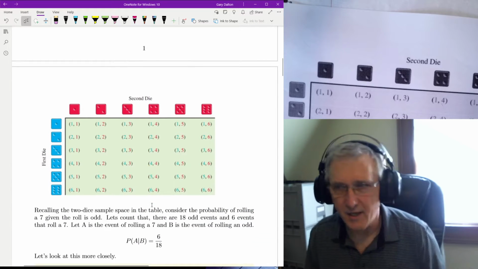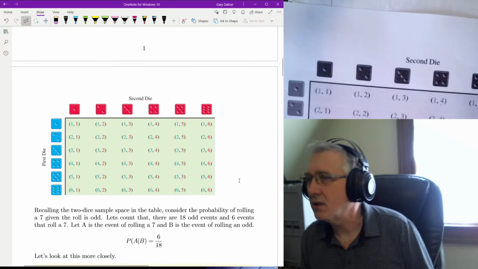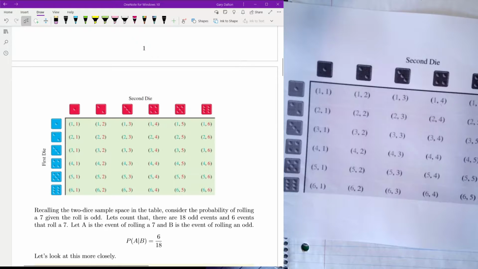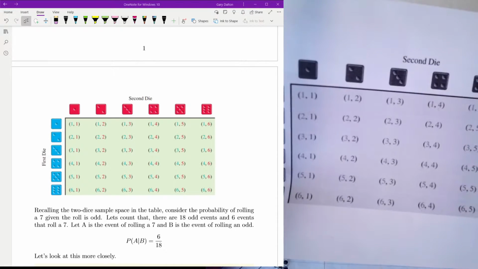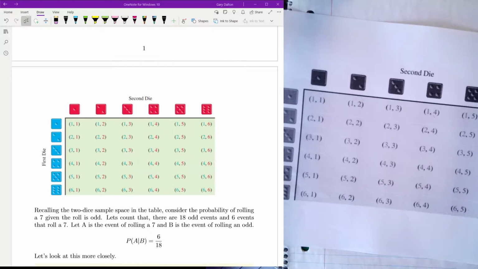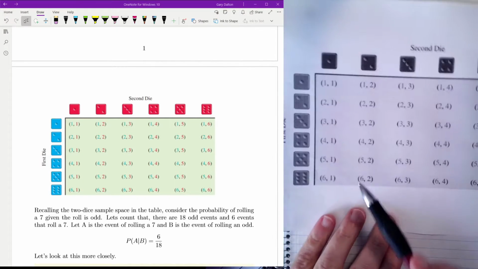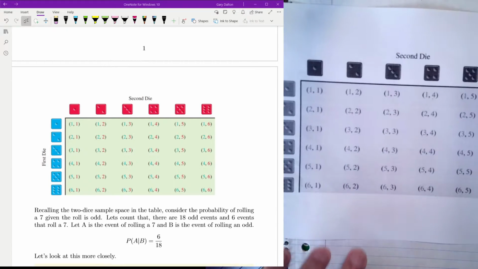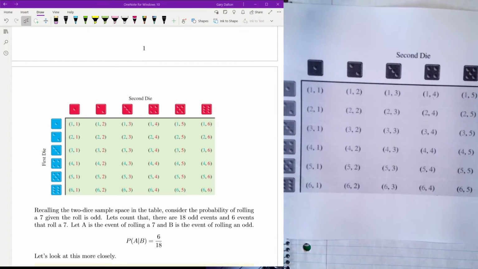So let's take a look at our sample space again. We're going to use this as our standard dice sample space that we have been using. Works pretty well for us, right? So let's consider the probability of rolling a 7, so that's this middle column here, given that the roll itself is odd. Well, how many events are odd?